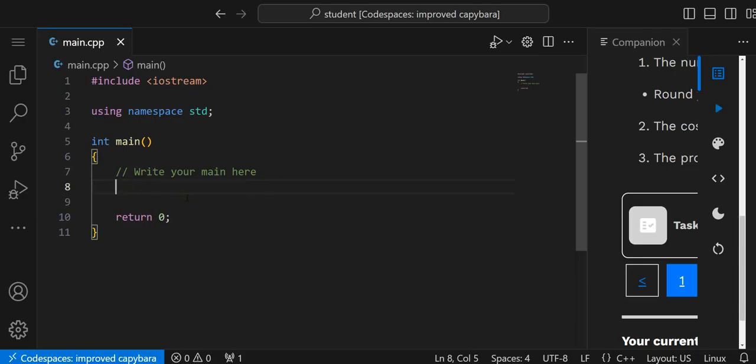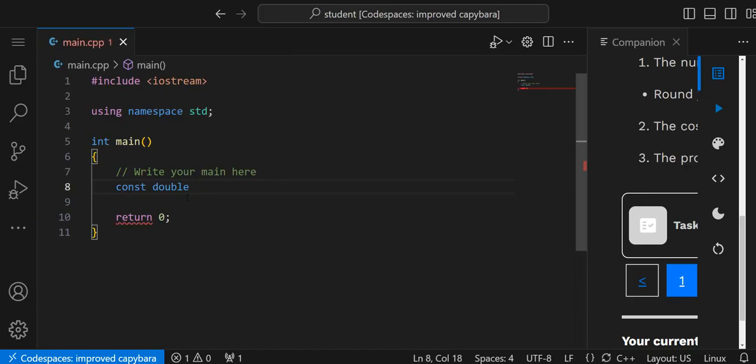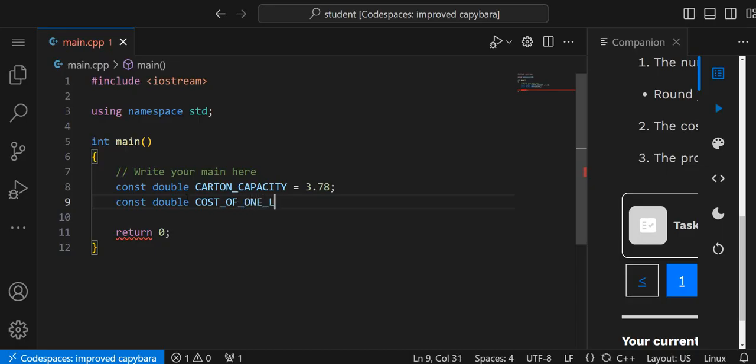So let's go constant double carton_capacity equals 3.78. Let's go with another constant double cost_of_1_liter, and this equals 0.38.